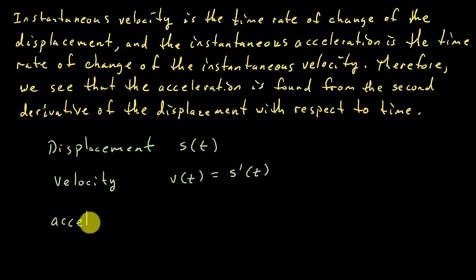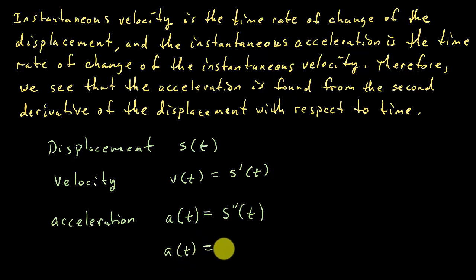And the acceleration, which we represent with a of t, is the second derivative of the displacement function. Or you could also look at the acceleration as being the derivative of the velocity function. Okay? So that's displacement function, velocity, acceleration, and so on.